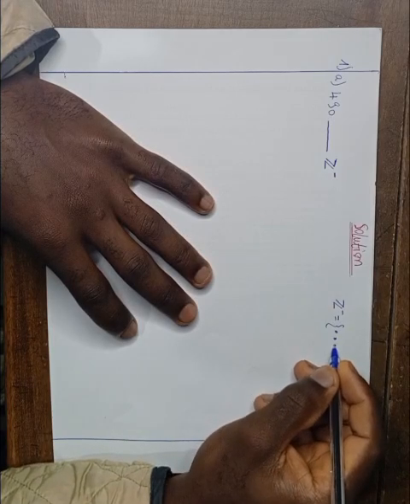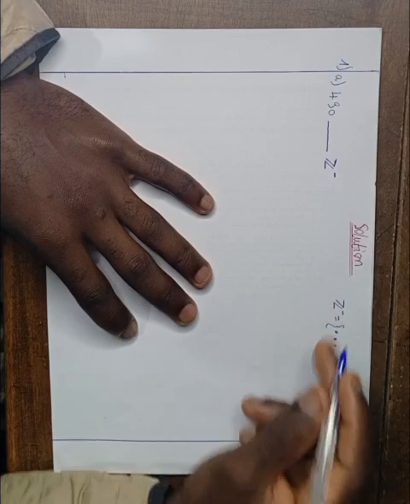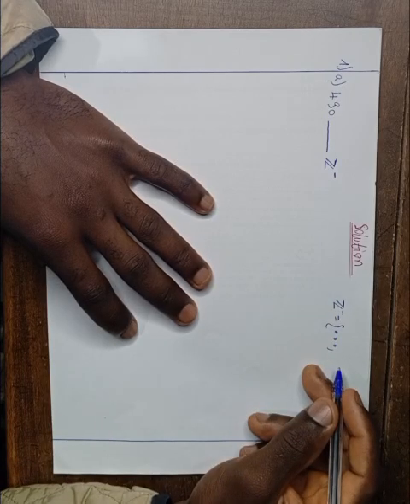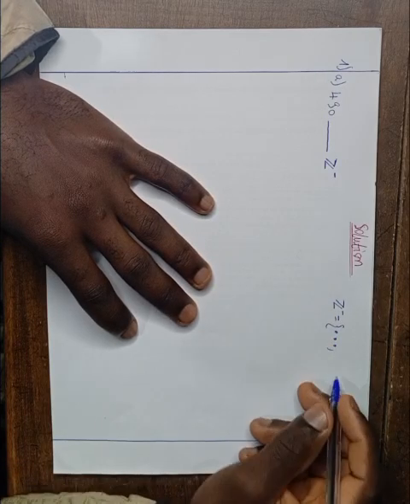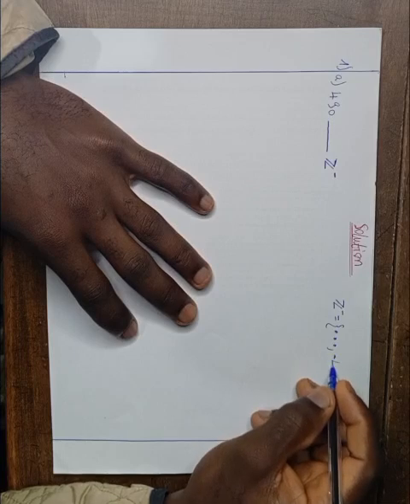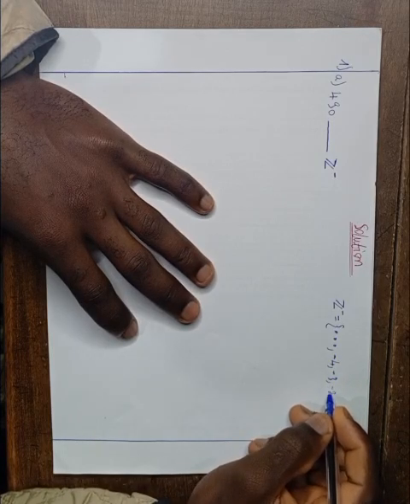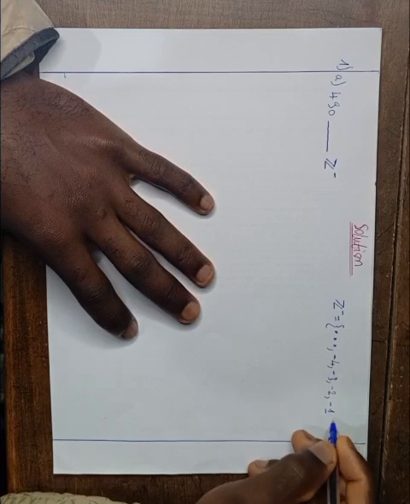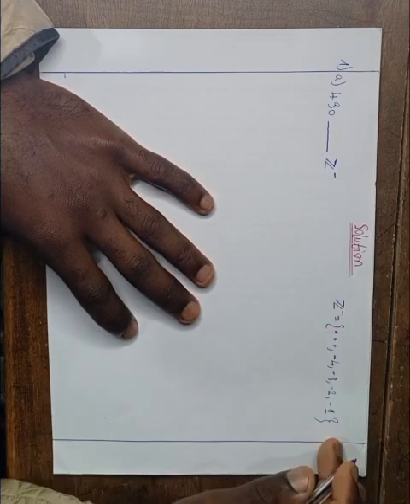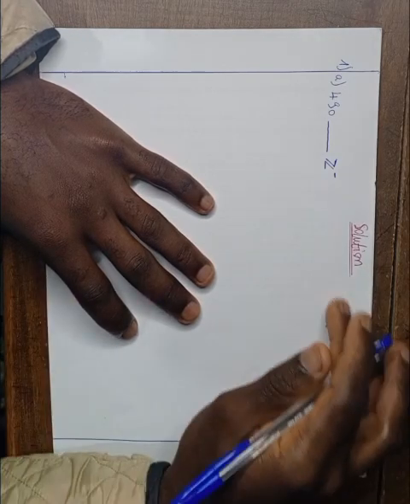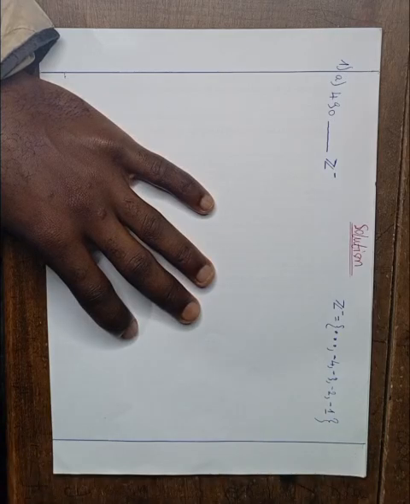We have 3 dots indicating that the negative integers are infinite to the left hand side. -4, -3, -2, -1. We end at -1. So this is z minus. This is a set of negative whole numbers.